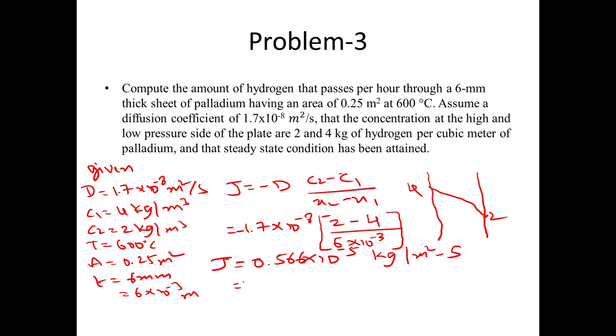So first we need to multiply with the area so that meter square will cancel out. 0.566 into 10 to the power of minus 5 into this area 0.25 will give rise to 0.1416.